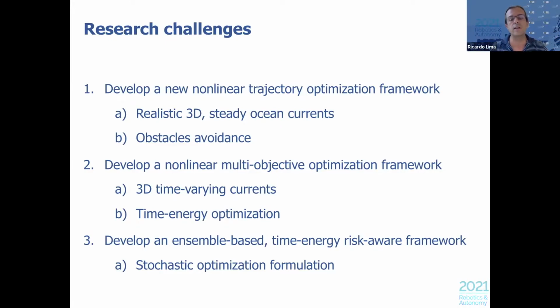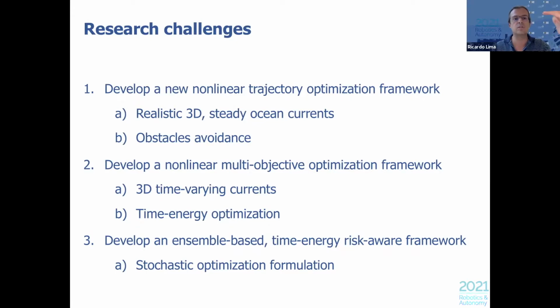Then we thought, okay, now what we would like to do is to extend this framework to include multi-objective time-energy optimization, but also include 3D time-varying currents. And the third one, that is the third part of this talk, is how can we build a stochastic optimization formulation for this kind of problem that takes into account the uncertainty of the current.